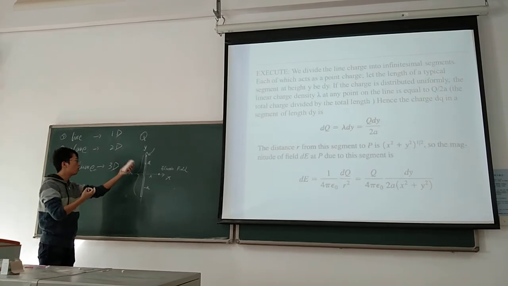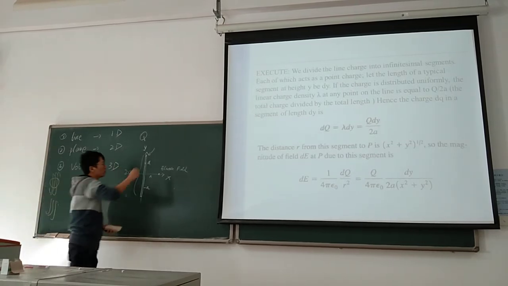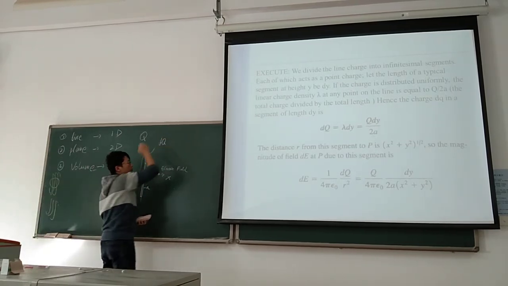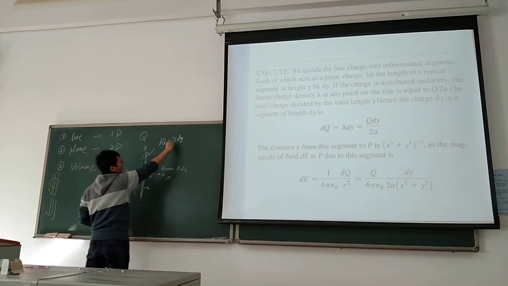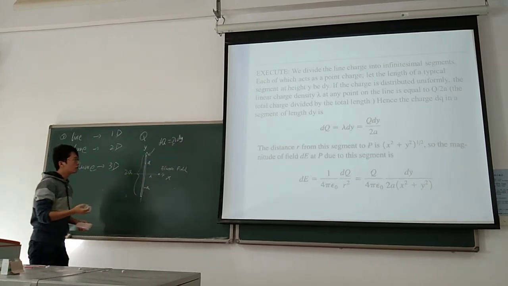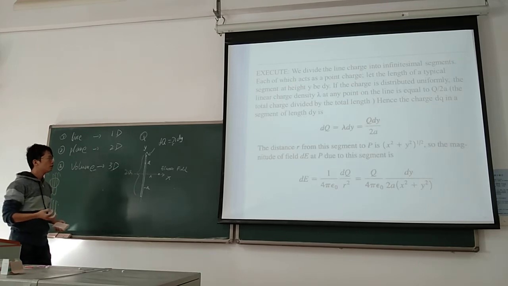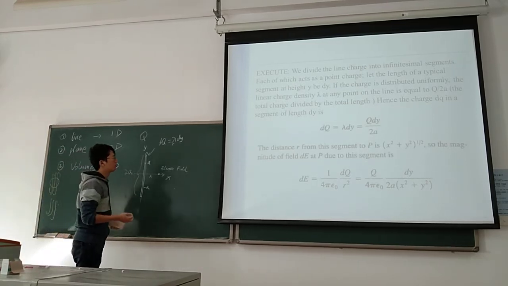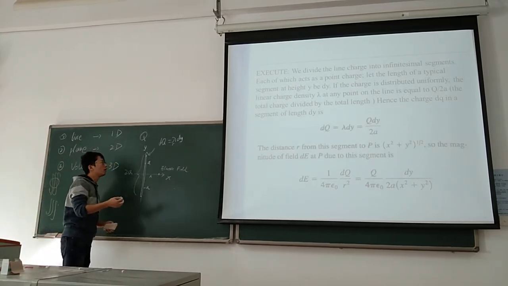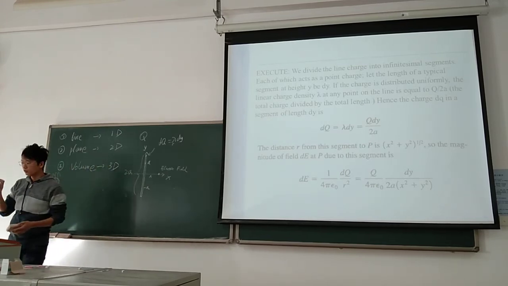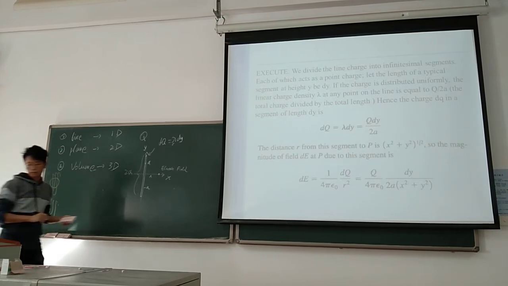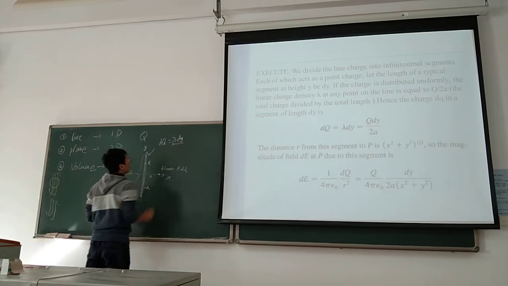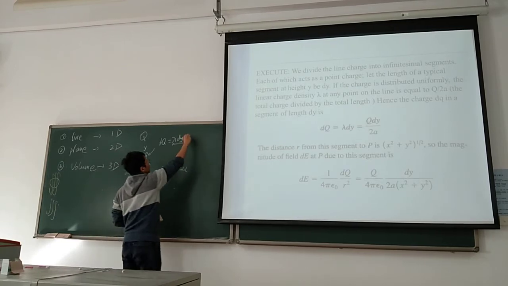For example, at the top of this line, the dq in a very little piece of it equals lambda dy, because lambda is the charge density of a line, and the charge density times the length of the line piece equals the quantity of charge in this little piece.